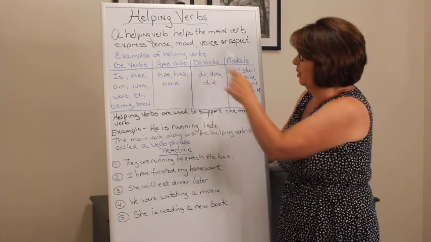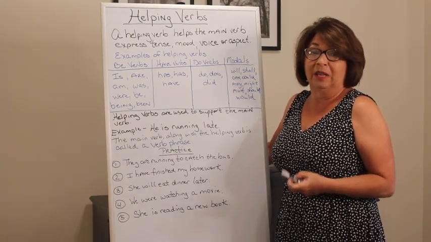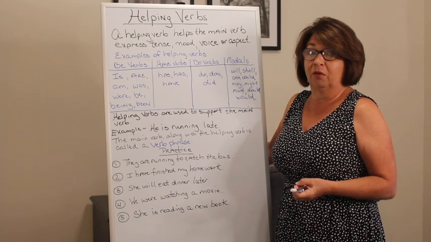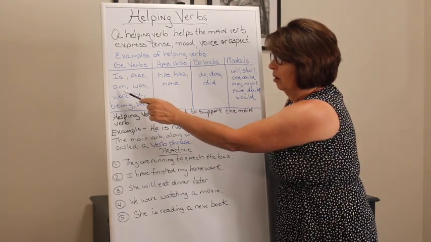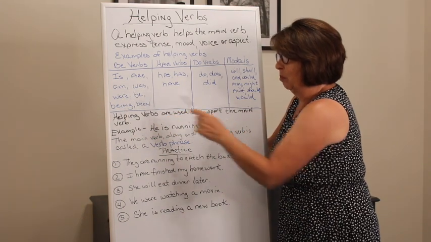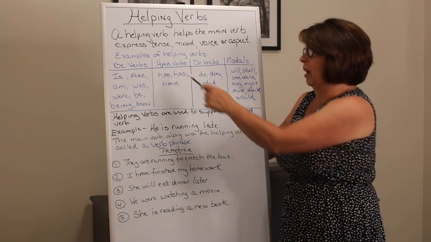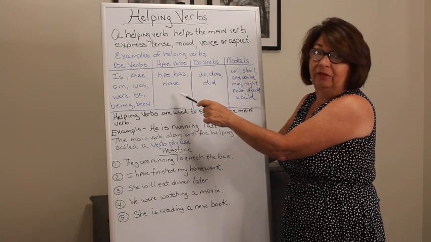So, some examples of helping verbs are being verbs. Being verbs are all forms of the word be, and those would be is, are, am, was, were, be, being, and been. We also have the have verbs, which are has, had, and have.